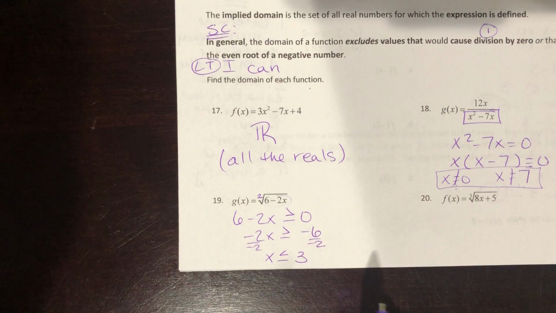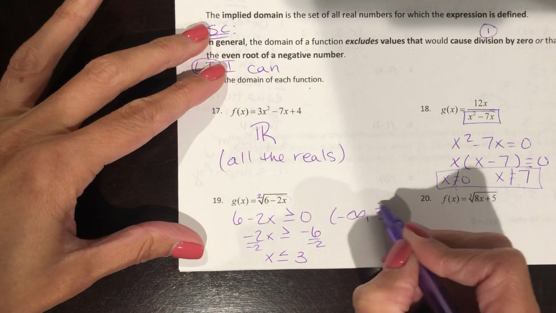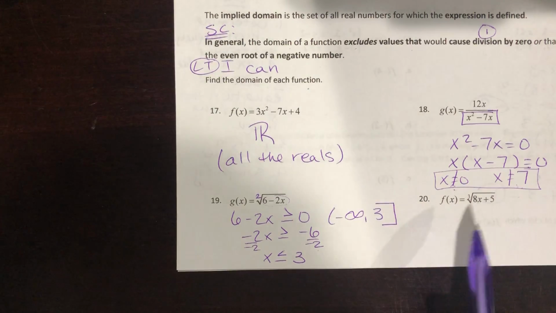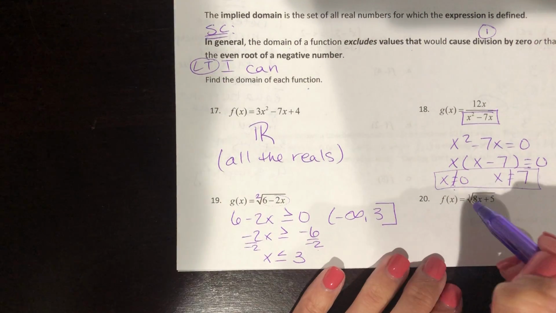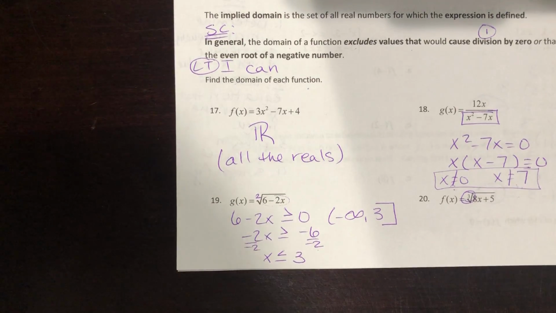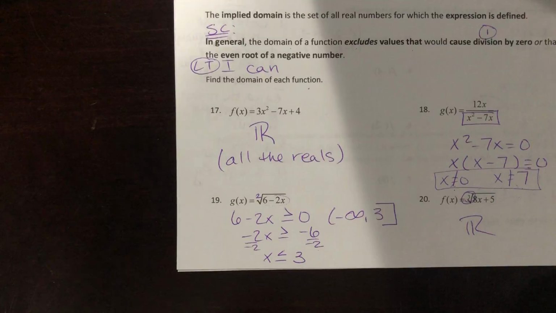That would be all the numbers from negative infinity up to 3. Now this one is a cubed root. That's an odd root. So that's easy. All the reals. Done.